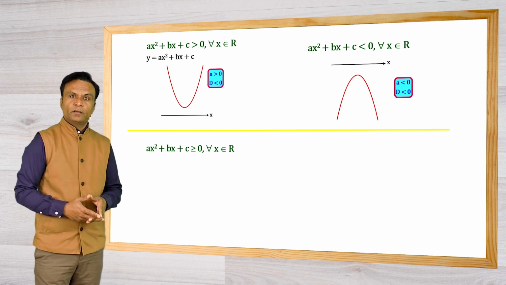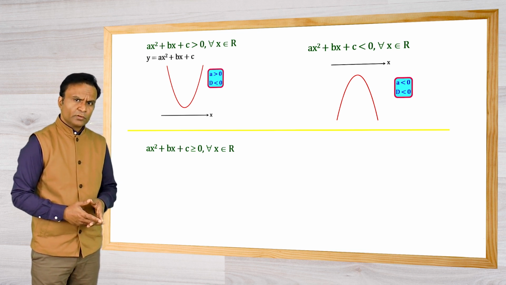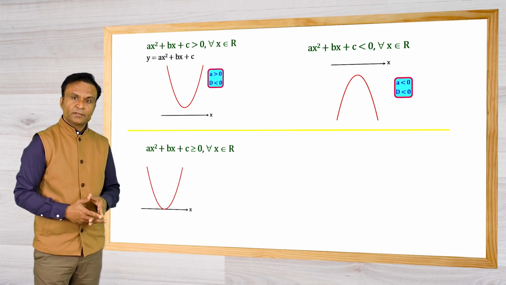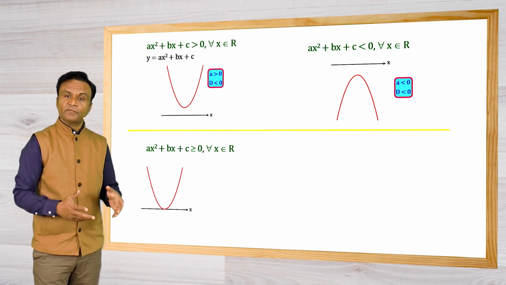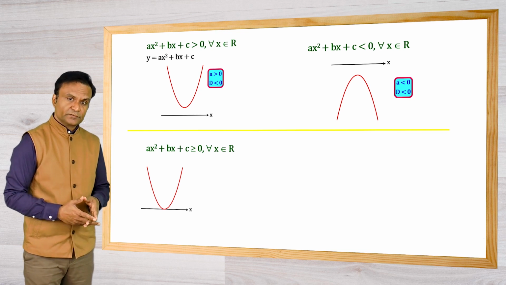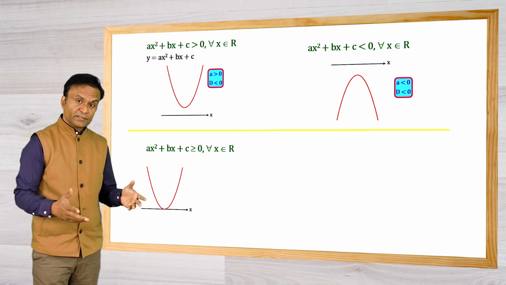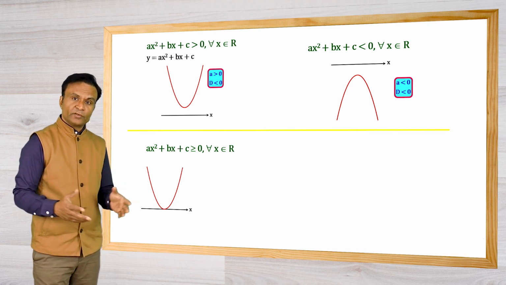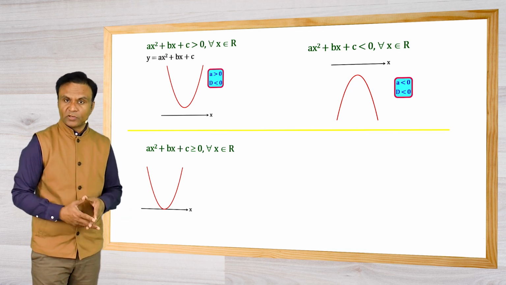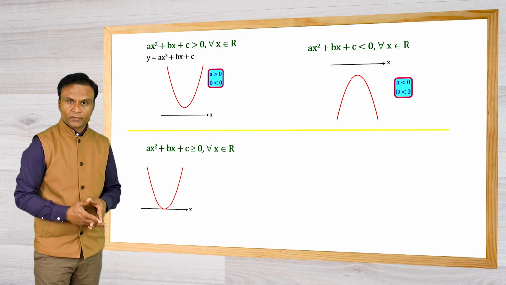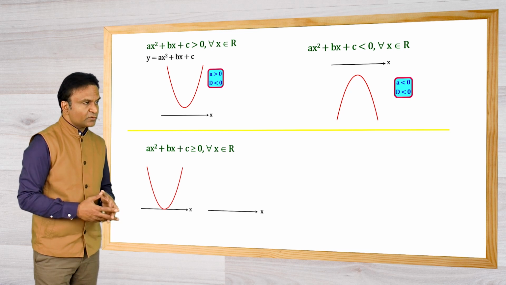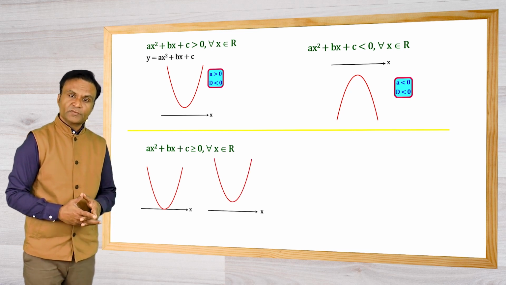Okay. Now I doubt you may have drawn only this graph, where the graph is touching the x-axis, because in this case ax square plus bx plus c is greater than or equal to 0 for all x belongs to R. But don't you think this graph is also one of the possible graphs?